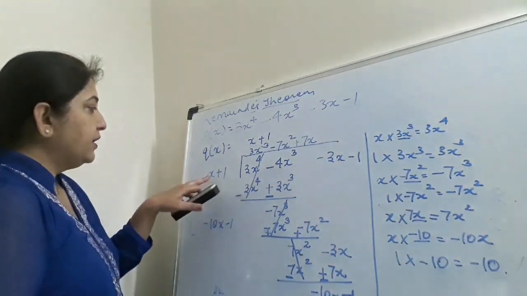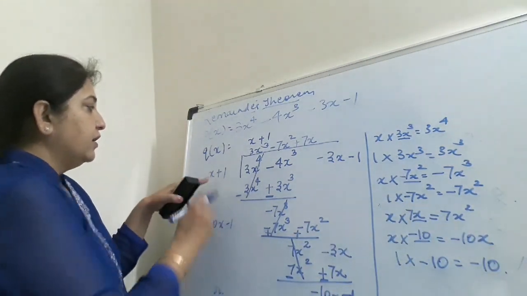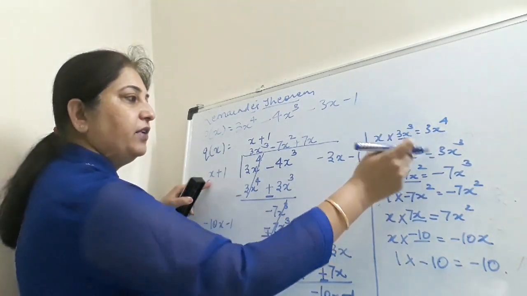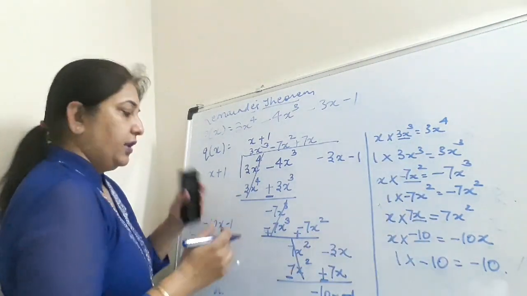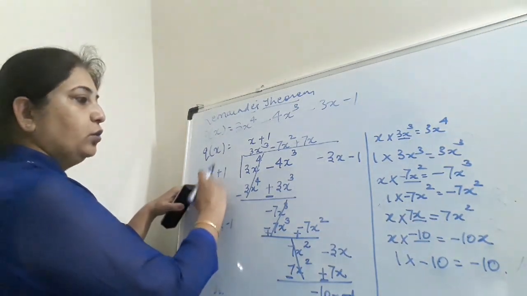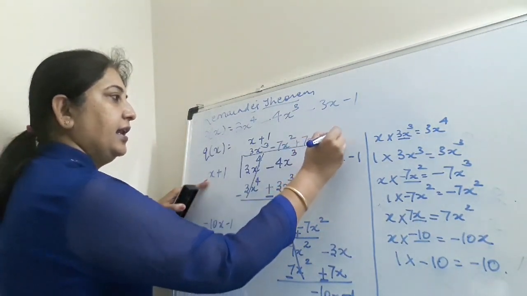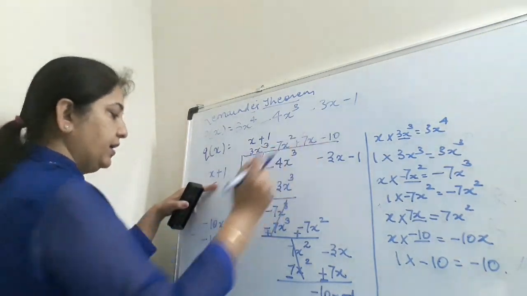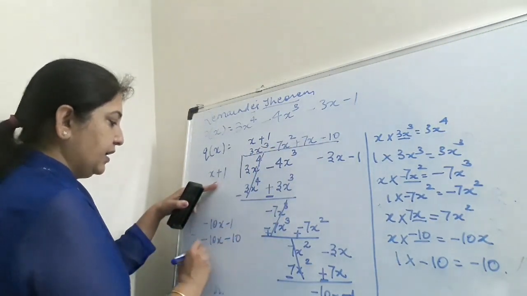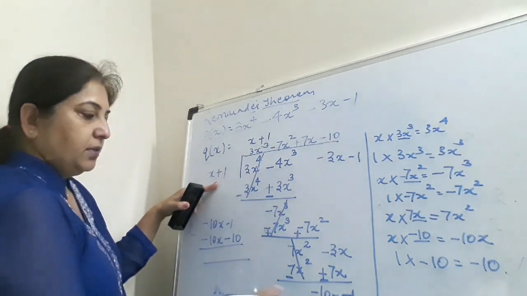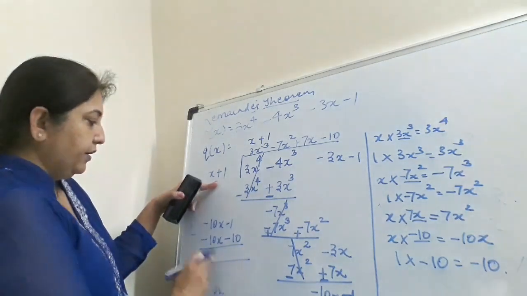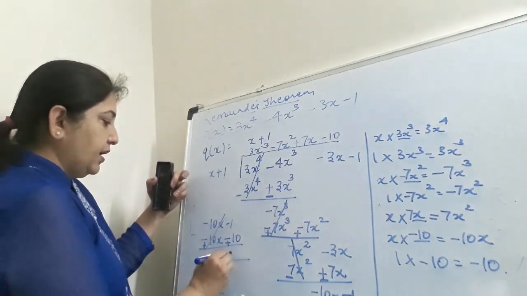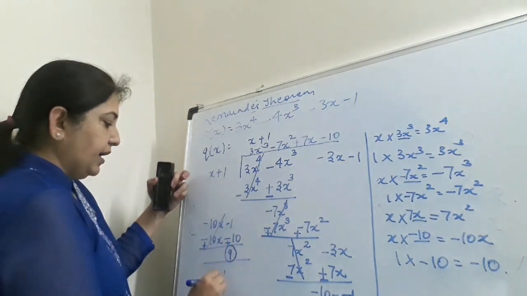So as many terms are there in the divisor, with each term we are going to multiply whatever we are choosing, okay? So therefore x into minus 10 will give you minus 10x, and 1 into minus 10 will give me minus 10. I will subtract, because you cannot see here, so I have written here. I will change the sign, this will cancel, and now I get the remainder 9.